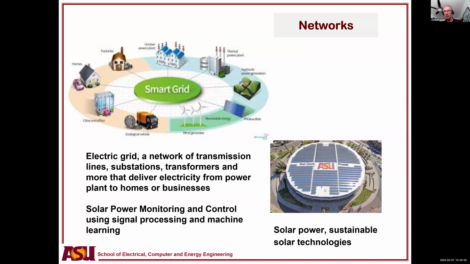Similarly, wind and solar, all the sustainable energy production and consumption requires tight control that is being facilitated by communication networks. So communication networks are the underlying glue that holds all these distributed systems together. So it's a very, very important technology.